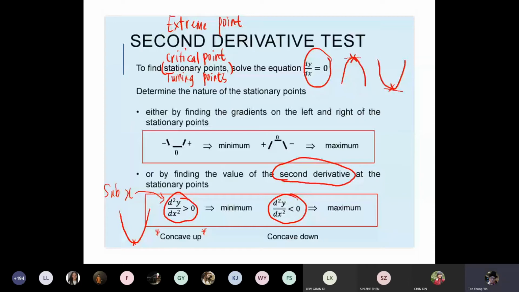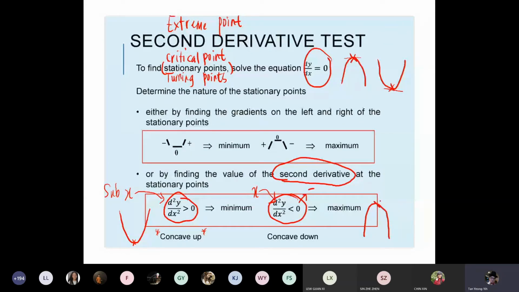Now similarly, if we differentiate the second time and we substitute the x into the function, and we get a negative answer, we know that the point is the maximum point, because according to theory, the graph will be like this.